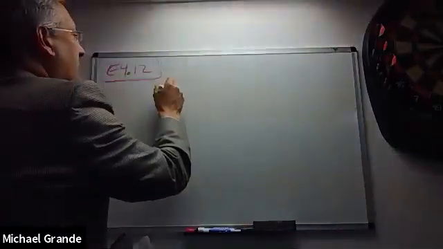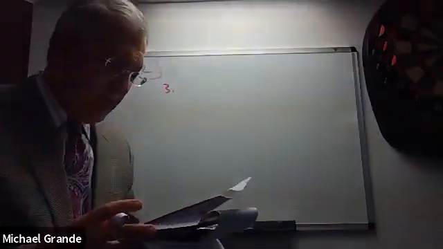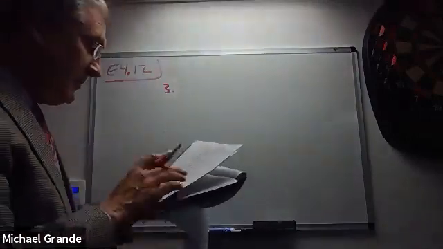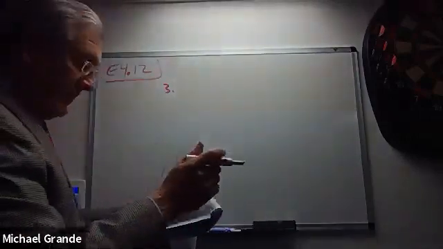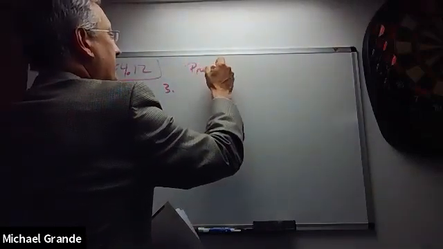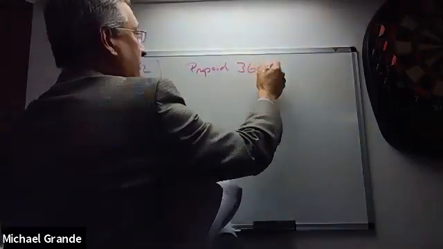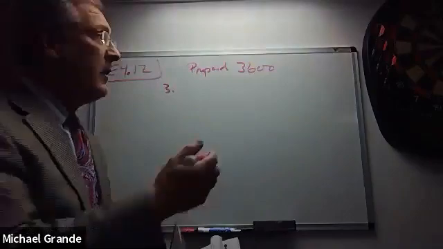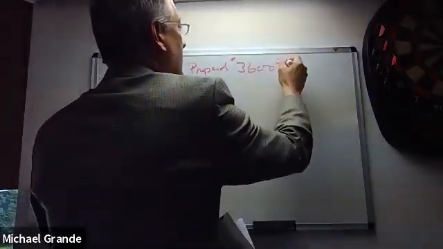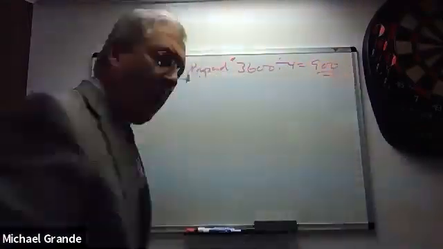Let's look at item 3. Item 3 says the balance in prepaid rent represents 4 months of rent costs. So we had prepaid rent of $3,600, and they say that represents 4 months. So they're going to have what? It's $900 per month.